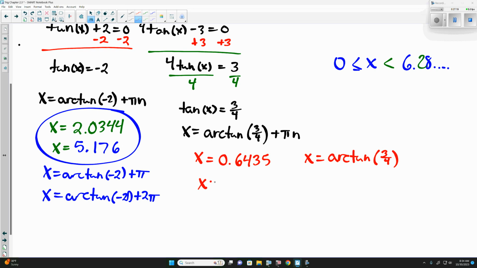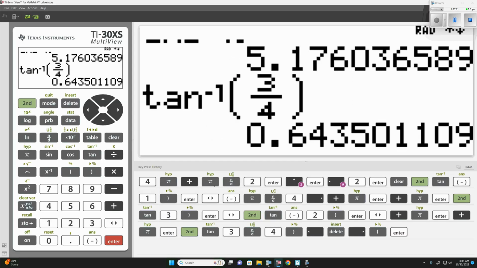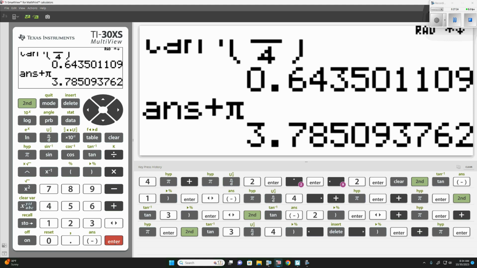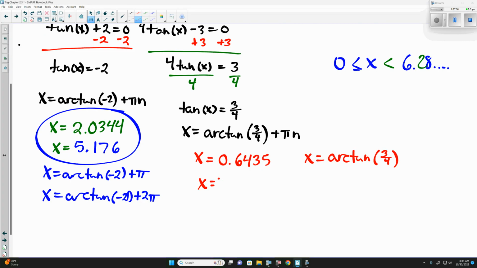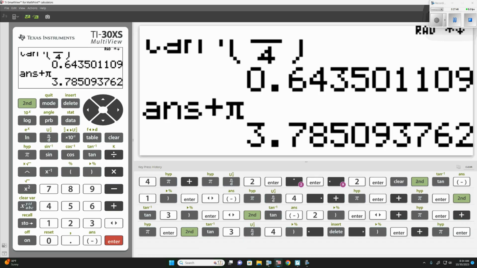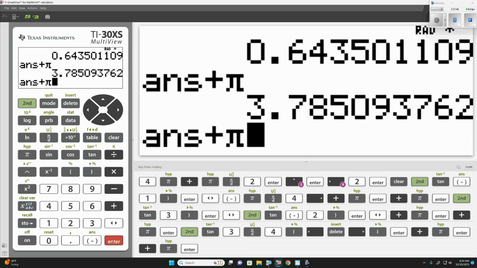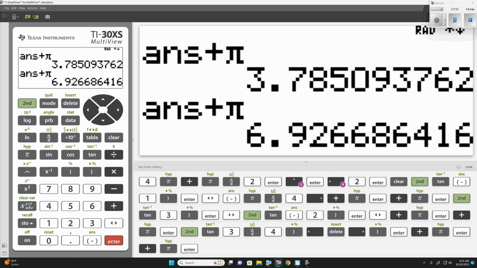Definitely not going to be a 0. But we can add pi to it because it does repeat itself every pi units. 3.7851 is the rounded version, which is just our arctan of 3/4 plus pi. And I have a good feeling that if I added pi again, we're outside.